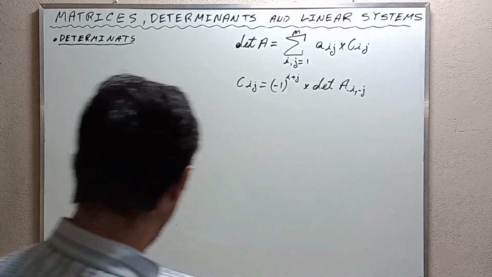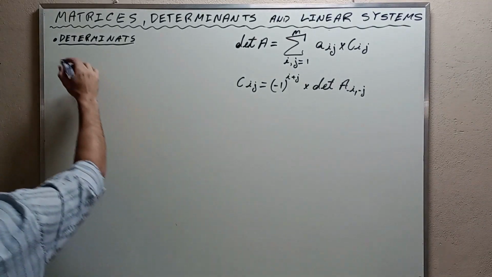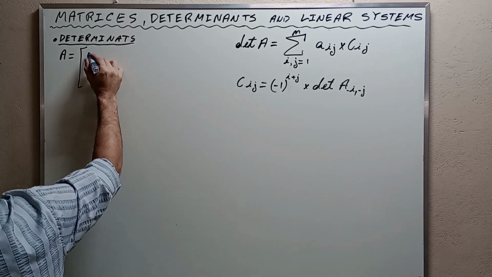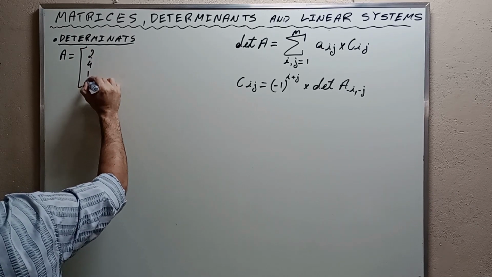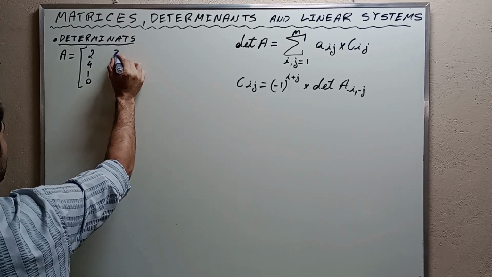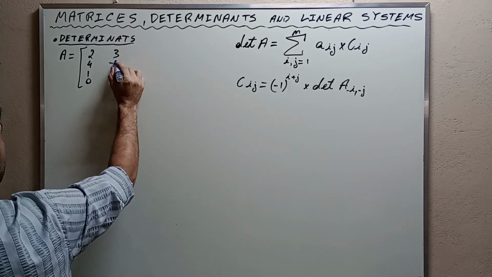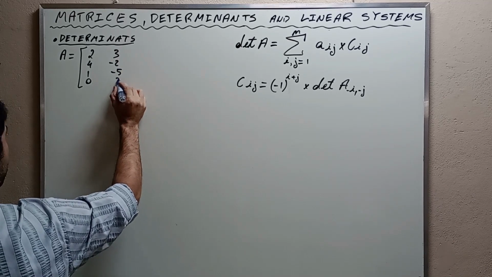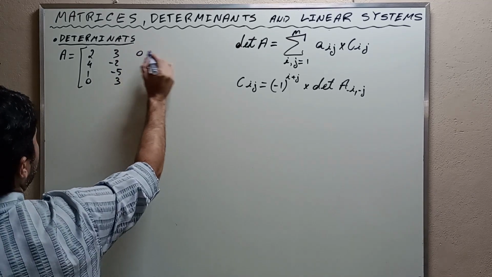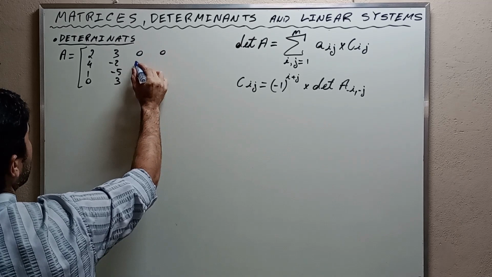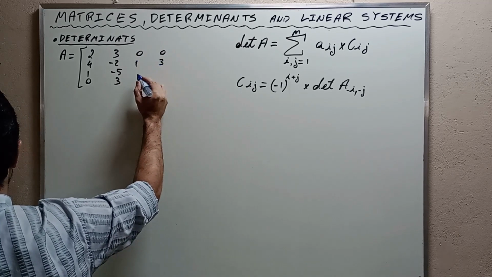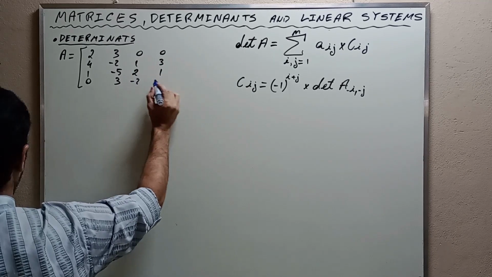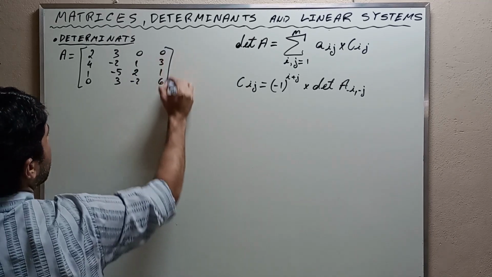We wish to calculate the determinant of the matrix with rows 2, 4, 1, 0; 3, -2, -5, 3; 0, 0, 1, 2; 3, 2, 1, -2 and 6. Okay?